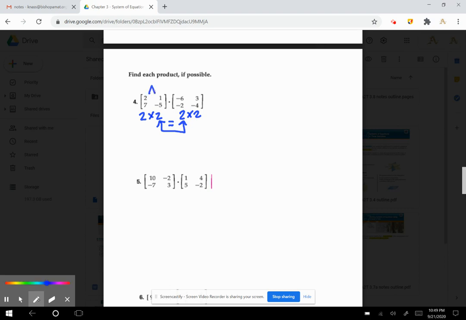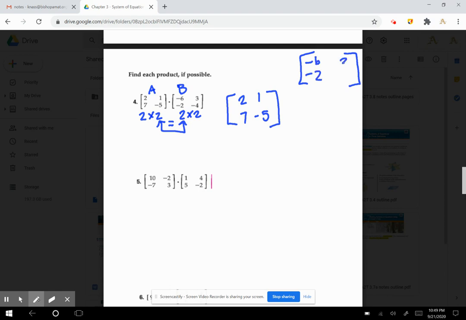First, we'll name these matrix A and matrix B. You're going to take matrix A and rewrite it: 2, 7, 1, negative 5. Then you're going to take matrix B and write it up here: negative 6, negative 2, 3, and negative 4.